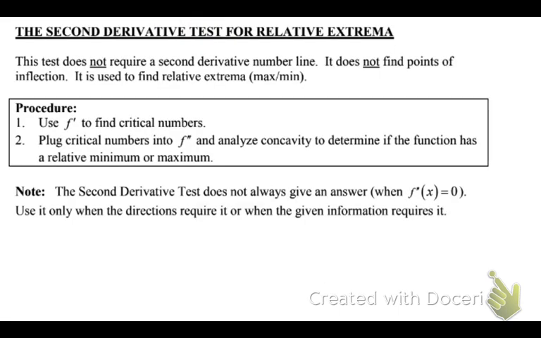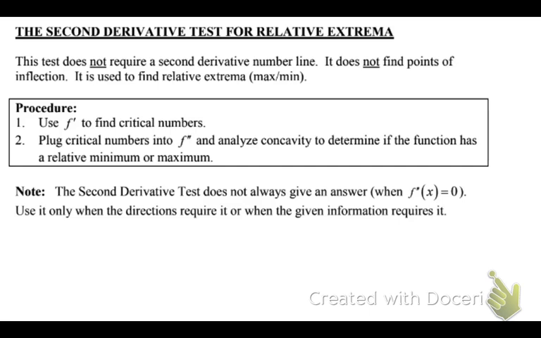All right, so the second derivative test for relative extrema. We have the first derivative test that tells us where the graph is increasing and decreasing, and therefore tells us where we have a relative max and min.